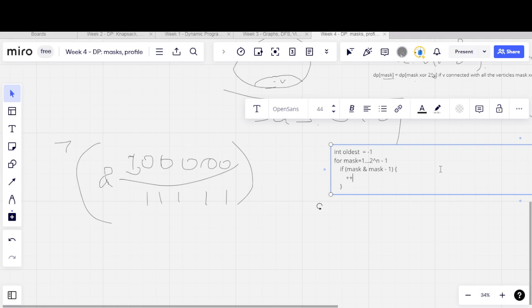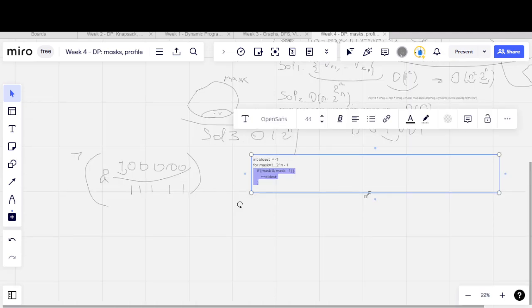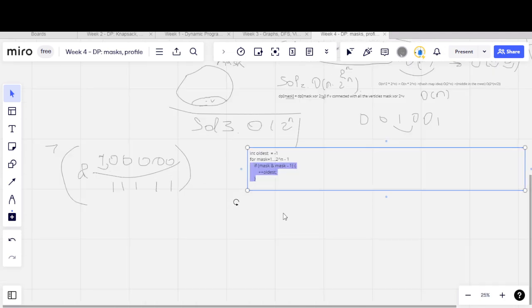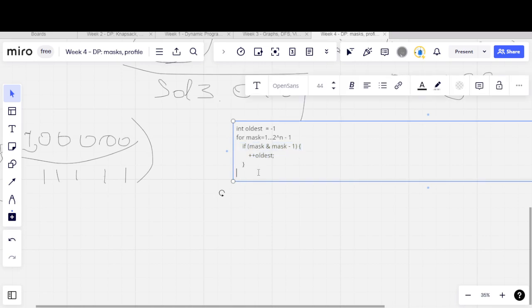We just increment oldest. So here, after this condition, we get the oldest bit in this part of the code.